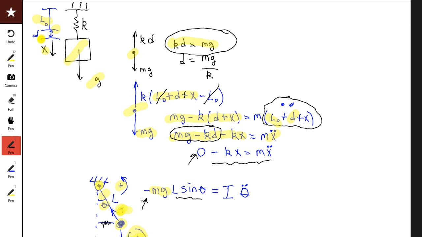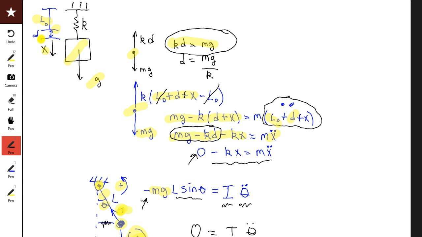And the summation of moments then is equal to the moment of inertia, that's the mass moment of inertia, don't confuse it with the complex number, times the angular acceleration of the object. So in a case like this, you can see that if you were to ignore the gravity, you would not get a valid equation. If you ignored gravity, you'd have 0 equals I theta double dot, and you'd conclude that theta double dot was constant, which means that it would have a constant velocity, which is not true.